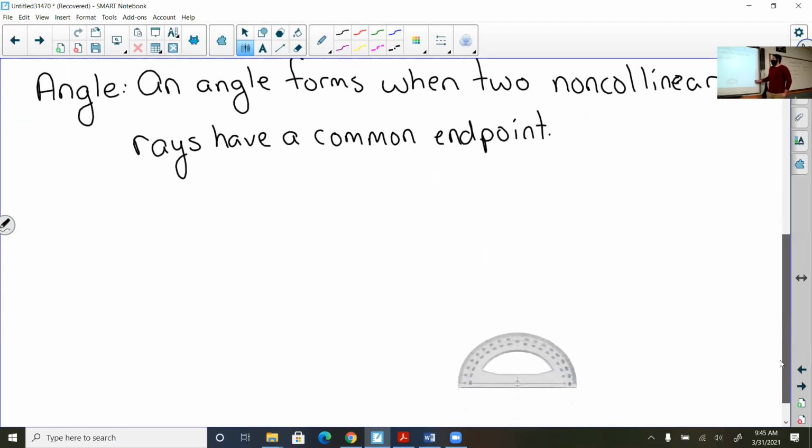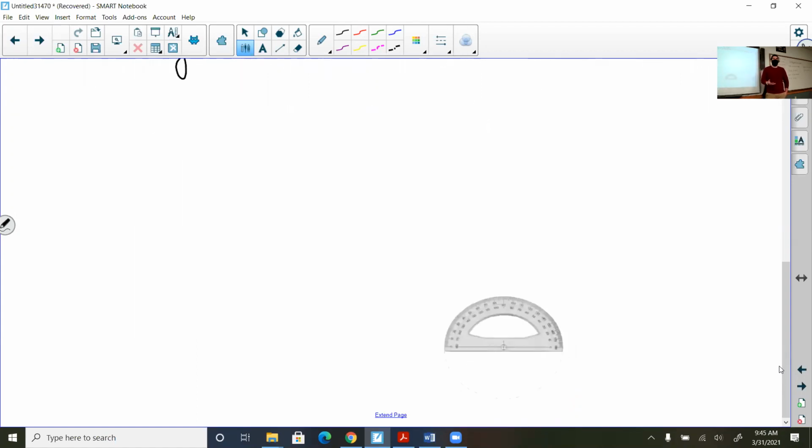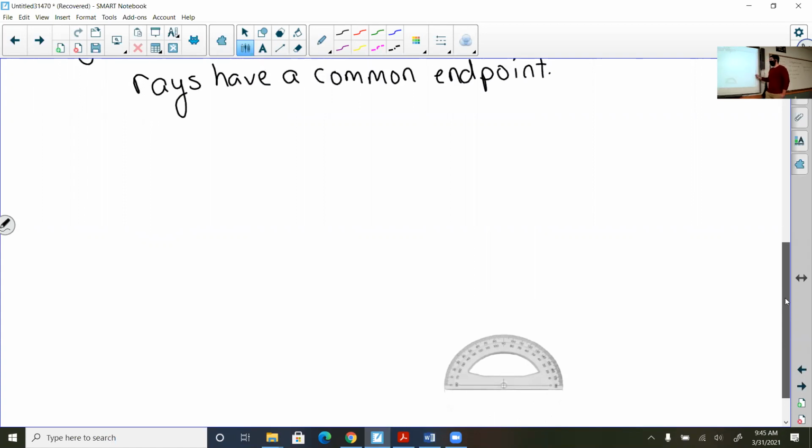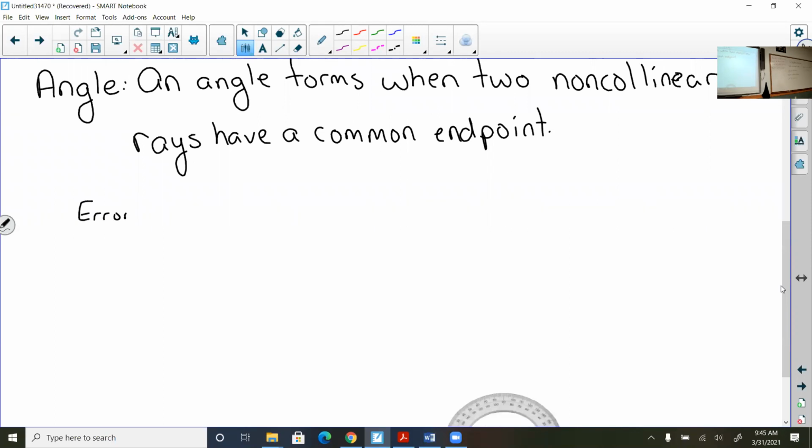So I'm going to draw you two pictures that show why these rays cannot be collinear. They have to be non-collinear. We'll call it an error.